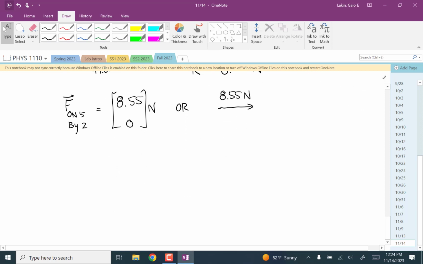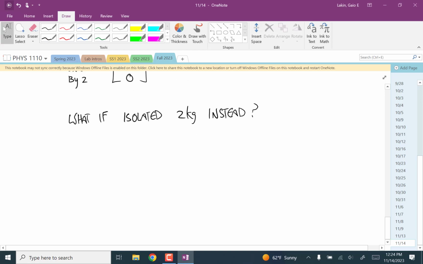While we're here, let me just show how you would figure this out if you isolated the 2 instead. A free body diagram of the 2 kilogram cart.